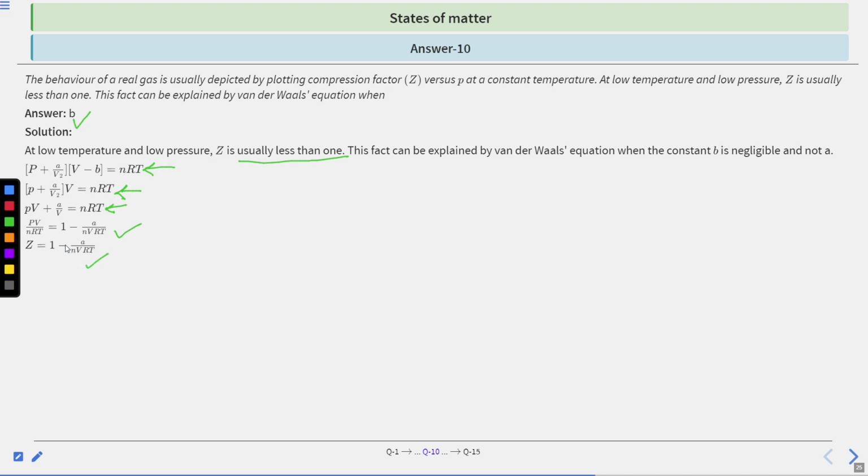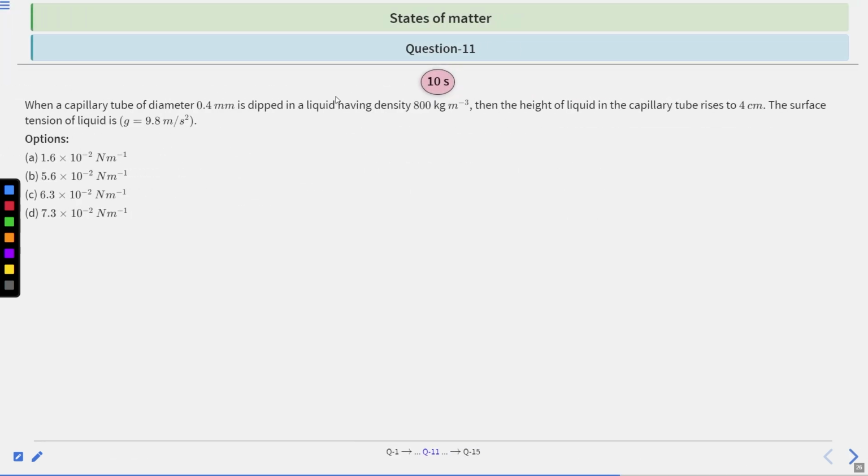So we can clearly see that Z will be less than 1, and this holds when B is negligible and not A. Hence, option B is the correct answer. Moving on to the next question, question number 11.